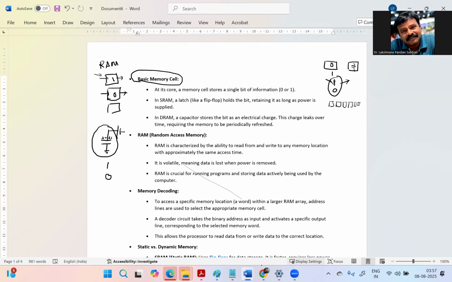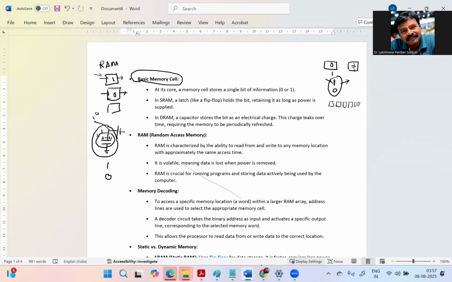If you apply 1 volt, it will store, and we get the value 1. Whenever we retrieve, the storage shows the value 1. If it is 0, there is no storage, so it shows 0. But the charge decays with respect to time, so periodically we have to restore the data, refresh the data.